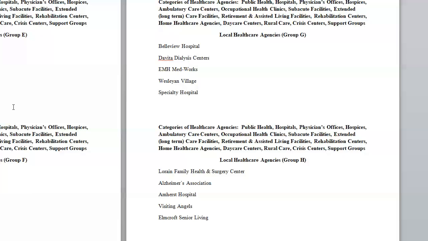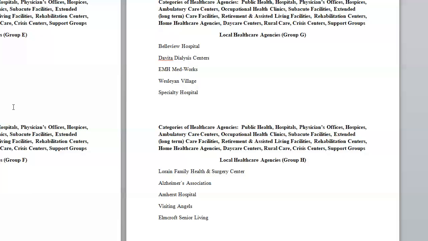Lorain County Free Clinics are public health and some ambulatory care centers. Stein hospices. North Center crisis centers as well. Ambulatory care centers, support groups. Avon Oaks is extended long-term care centers, retirement and assisted living facilities, and rehab centers. Fisher Titus are hospitals. Planned Parenthood is ambulatory care center and again crisis centers.